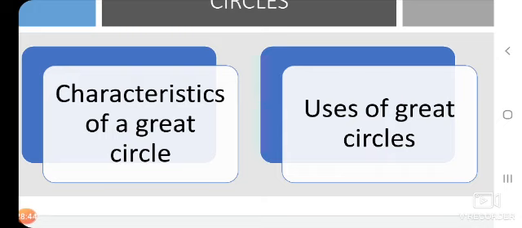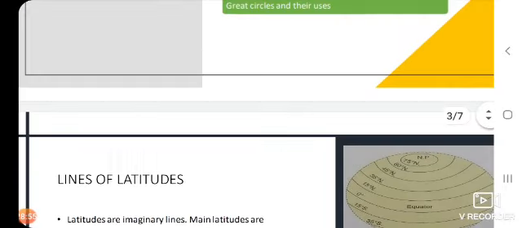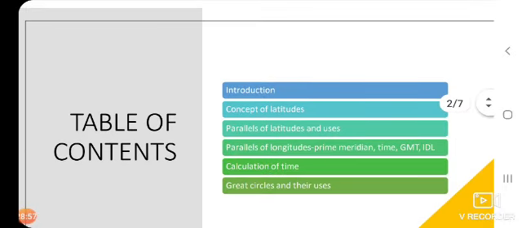So this is all about your lesson, lines of latitudes and longitudes. Quickly to sum up, children, what did we learn today? We learned the introduction part of the lesson, and then the concept of latitudes: the definitions of latitudes, the uses of latitudes, and the important parallels of latitude.